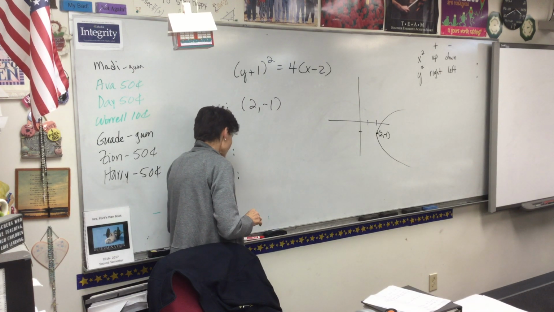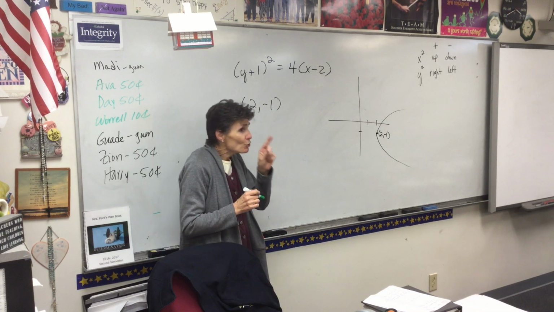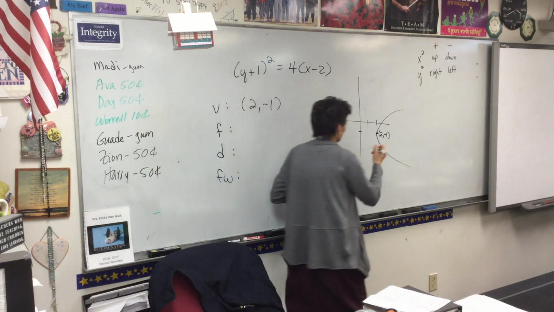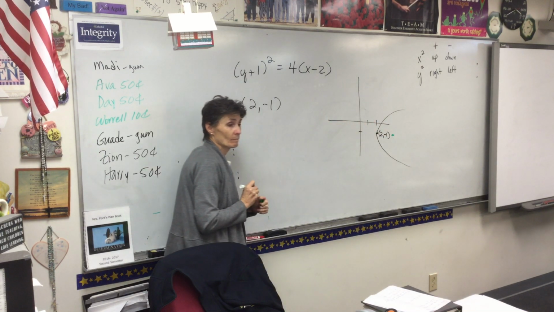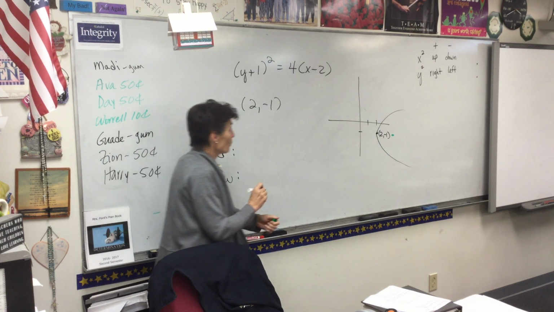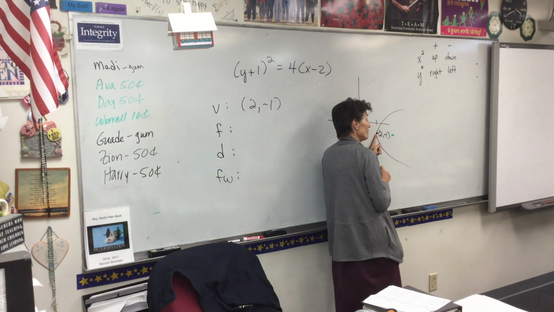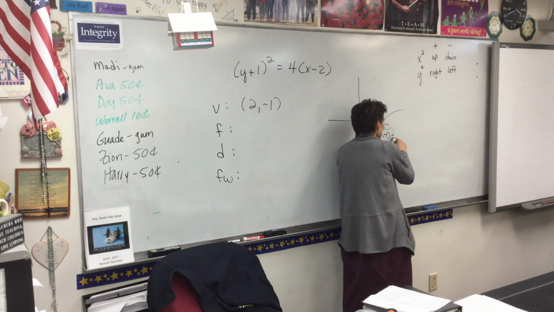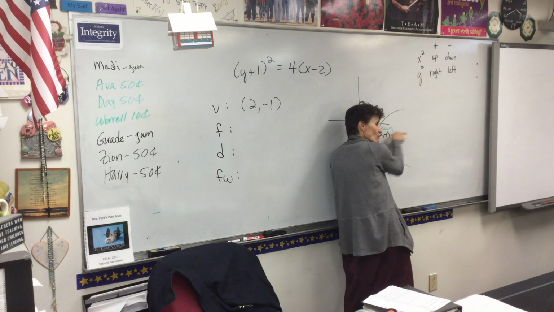Now, you may not totally understand what the focus is, and that's fine. But you do know where it is. It's inside the curve, so it's in here somewhere. So we're going to start at this point, which is 2, -1, and walk that far to get our focus, going straight this direction.